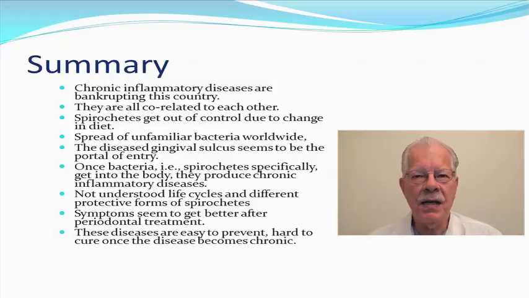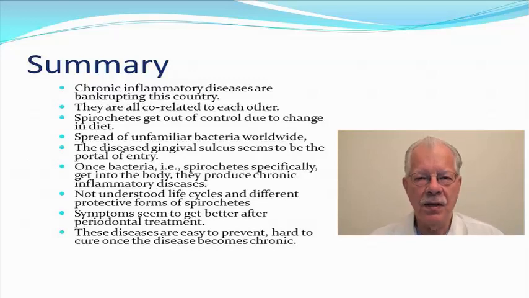Now that we understand the life cycles of spirochetes, we can do something about preventing them from repopulating the gingival sulcus and causing disease. When periodontal disease is controlled, we know that many of the chronic inflammatory diseases start getting better. In other words, rheumatoid arthritis seems to get better. Arthritis gets a little better.